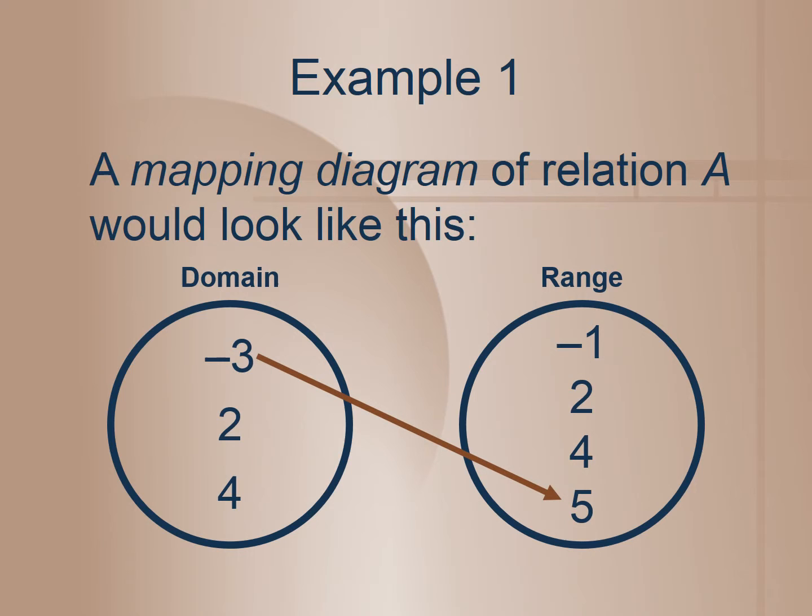Notice the arrow goes on the right-hand side pointing to the range, because that shows that the domain goes to the range. And so we match. Since 2 had 2 y values, we're going to have 2 arrows coming out of the 2. And then here's our last one, 4 goes to -1. So this is what a mapping diagram of a relation looks like.